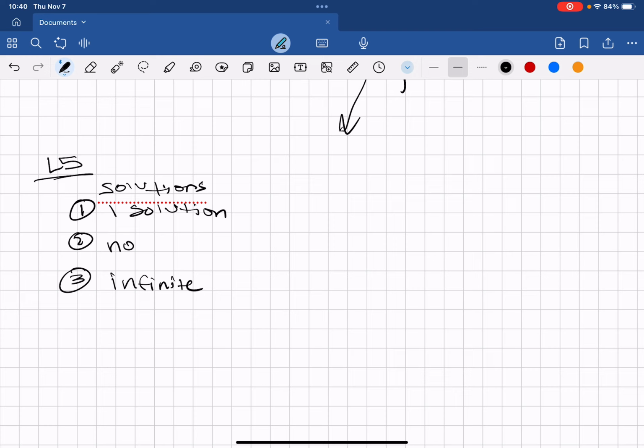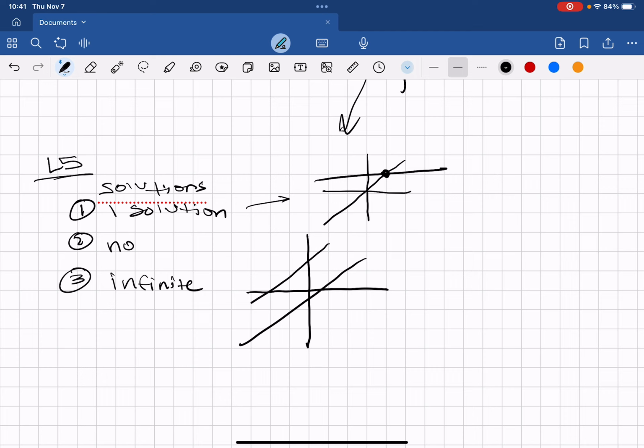How can we tell on a graph? For one solution, the lines are going to cross. This is a line, and this is a line. We have one point of intersection, and they will never cross again. That's our one solution. If our lines are parallel, we're going to have no solutions because they never cross.